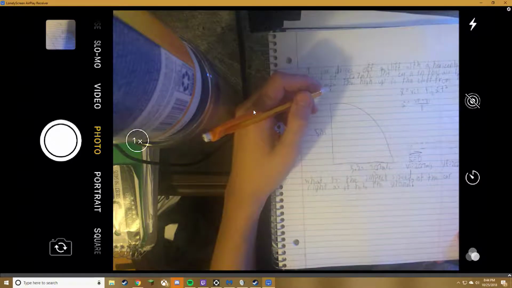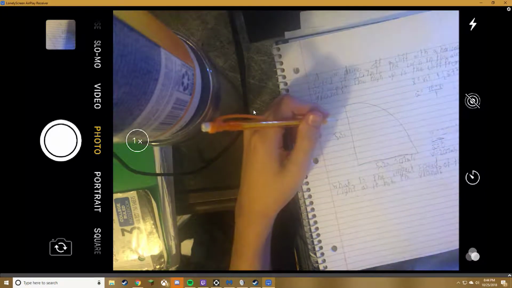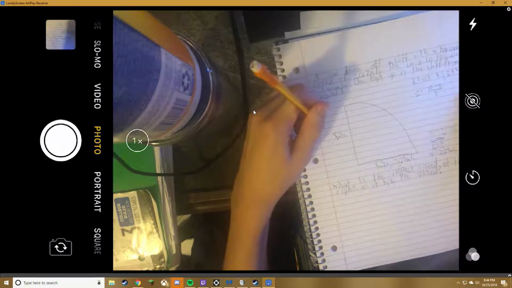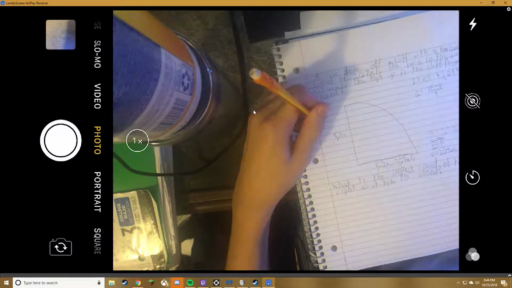Another thing we know is that, let me just adjust the camera a little bit. Vertically, the acceleration is negative 9.8 because that's the acceleration of gravity. So a equals negative 9.8 meters per second squared.